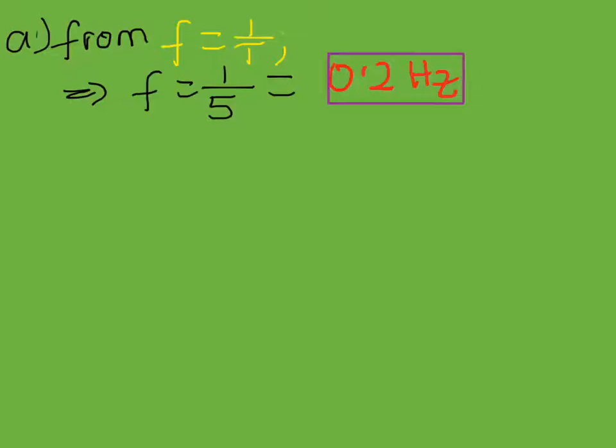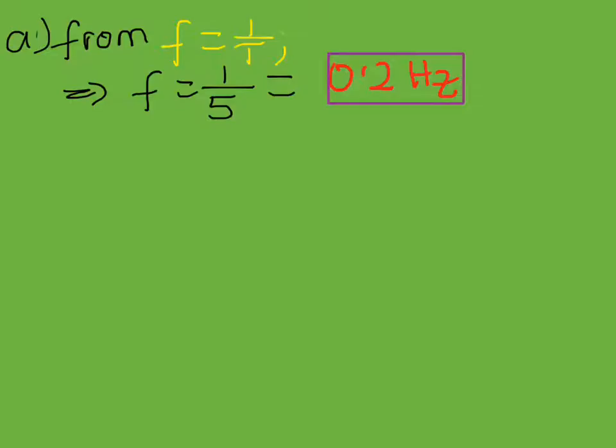B says we should calculate the velocity. Which of the equations will you use to calculate the velocity? Remember, velocity has the equation of displacement over time. It also has the equation of frequency times wavelength.